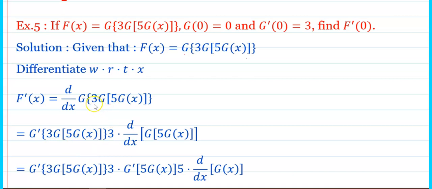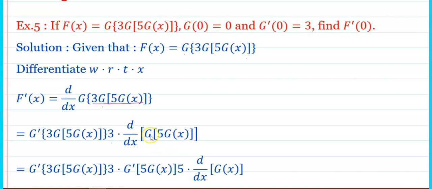Now again, the derivative of what is inside. What about the derivative of 3g of 5g of x? This 3 is a constant, so take it outside. Therefore d/dx of g of 5g of x.